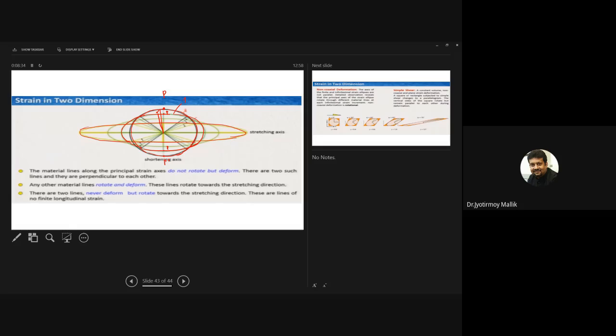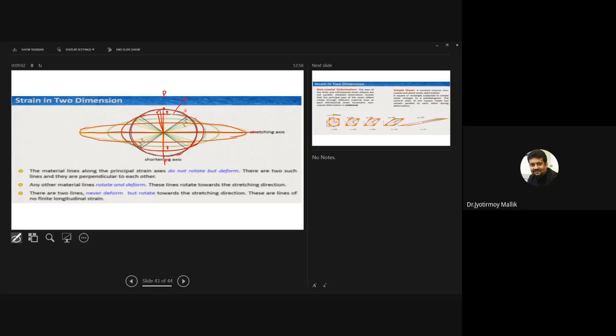So except for these two lines, all the lines actually rotate. All the material lines rotate, and they rotate towards the maximum strain axis. The material lines along the principal strain axes do not rotate but deform.